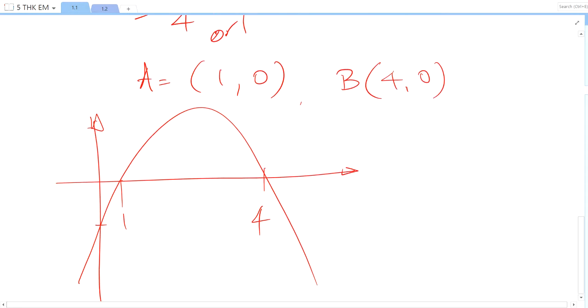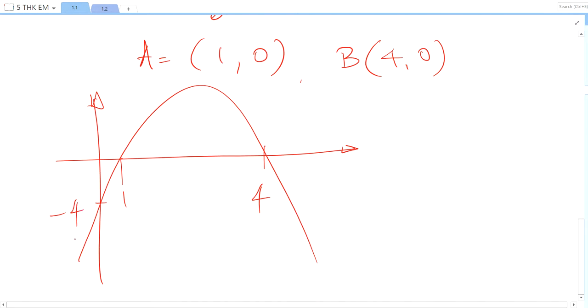C. What was the value of C? Negative 4. Okay. Can you tell me where the line of symmetry is? Middle of A and B? Yeah. Makes sense, right? Okay, so it must be here. Can you tell me what is the equation of the line of symmetry now? We all can tell visually. It must be in the middle of 1 and 4.